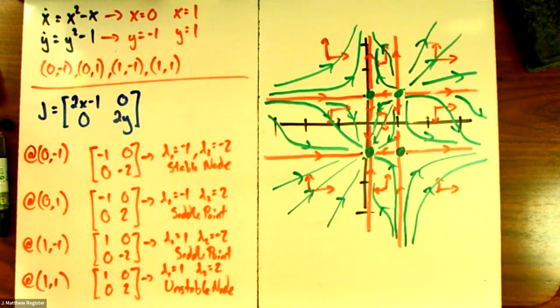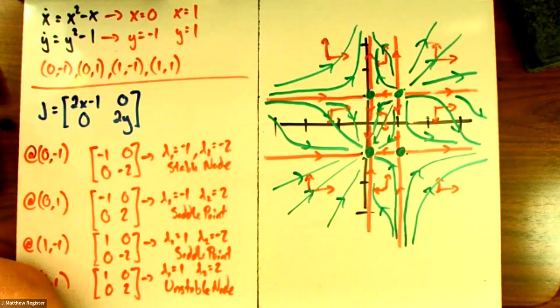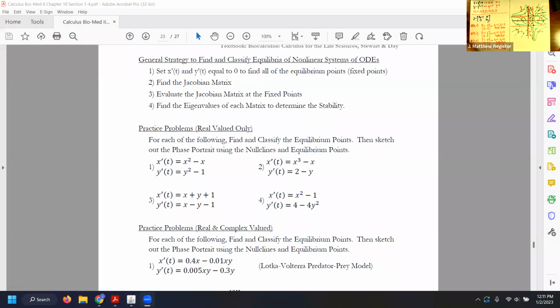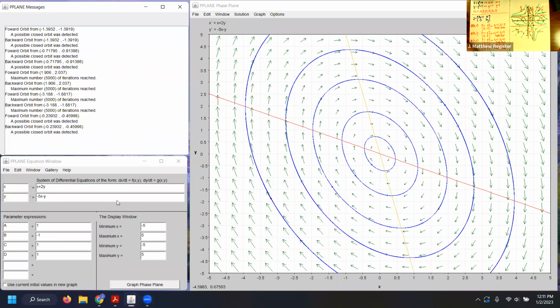That is quite the phase diagram. Let's see how accurate we were using the program p-plane. And so pulling up p-plane, this equation that we just dealt with was x squared minus x and y squared minus 1.